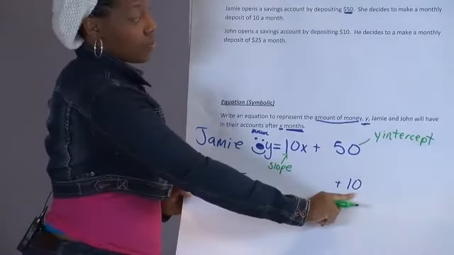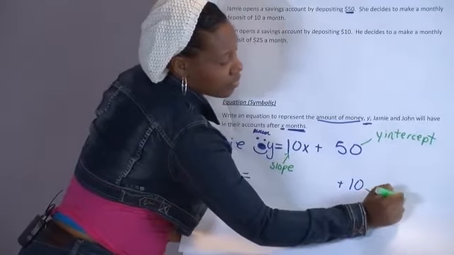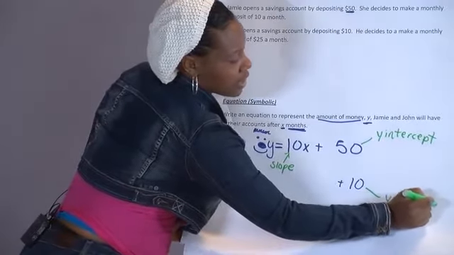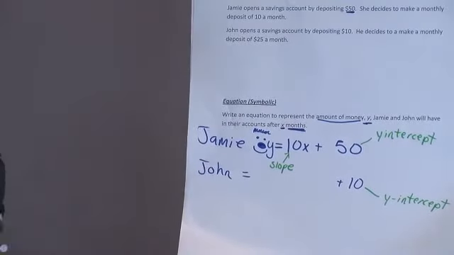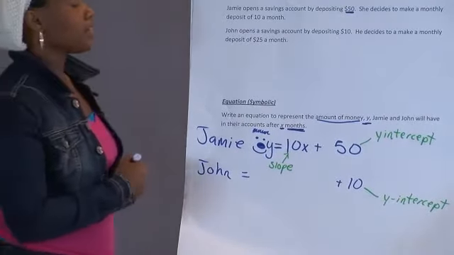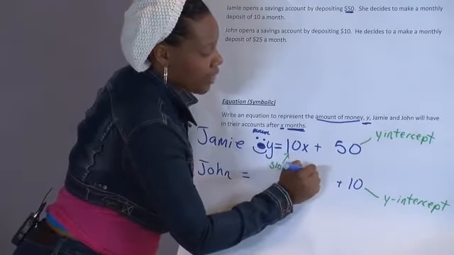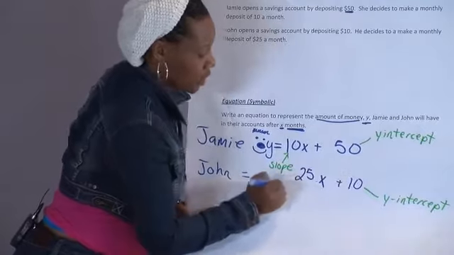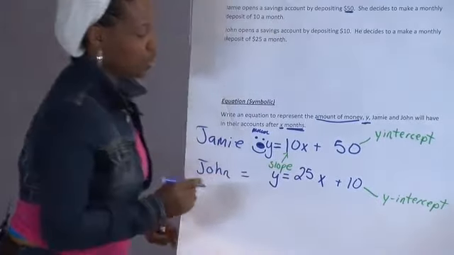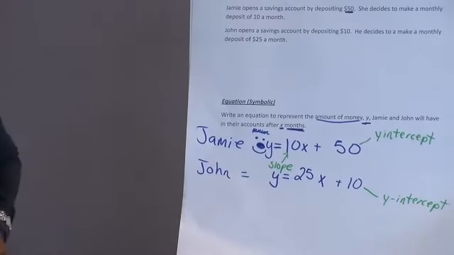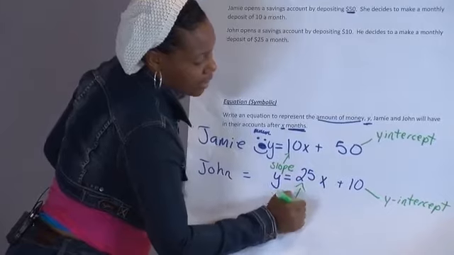So if John is starting out with $10, then his y-intercept is $10. Okay? What happens once he does that? He wants to make a monthly deposit of $25 a month. So $25 every month is what John is going to do. So his equation will be y is equal to 25x plus 10, with 25 being the slope.